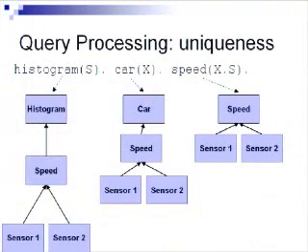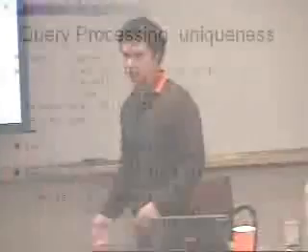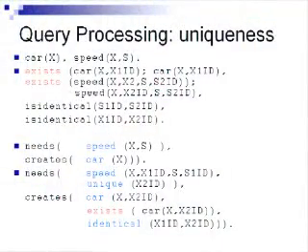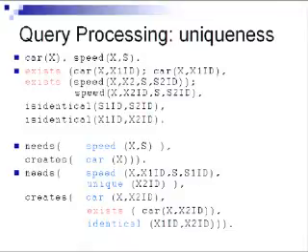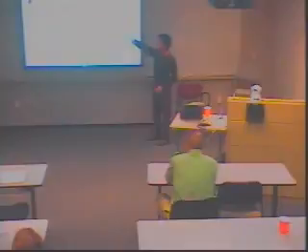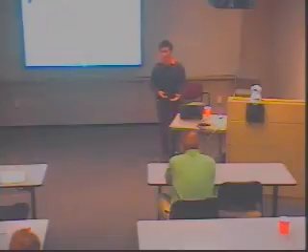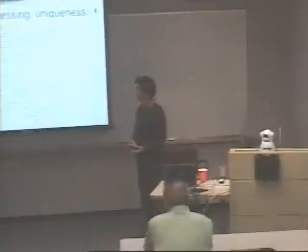So we have causality problems. We also have uniqueness problems, and I think I've already gone over the uniqueness problems, which are essentially what we were just talking about. The way we solve the uniqueness problems is by munging the query again. When we query for something like a car service, we first check to see if a car service already exists, and if it does, we check to see if that is a solution for our query.